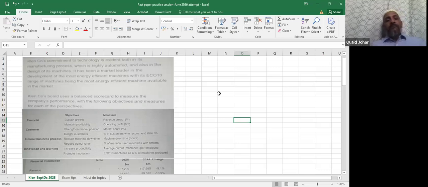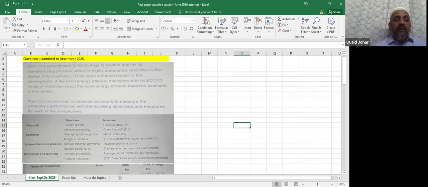So now, one of the tips of doing these type of questions is to try to read the question properly and pick some main points.